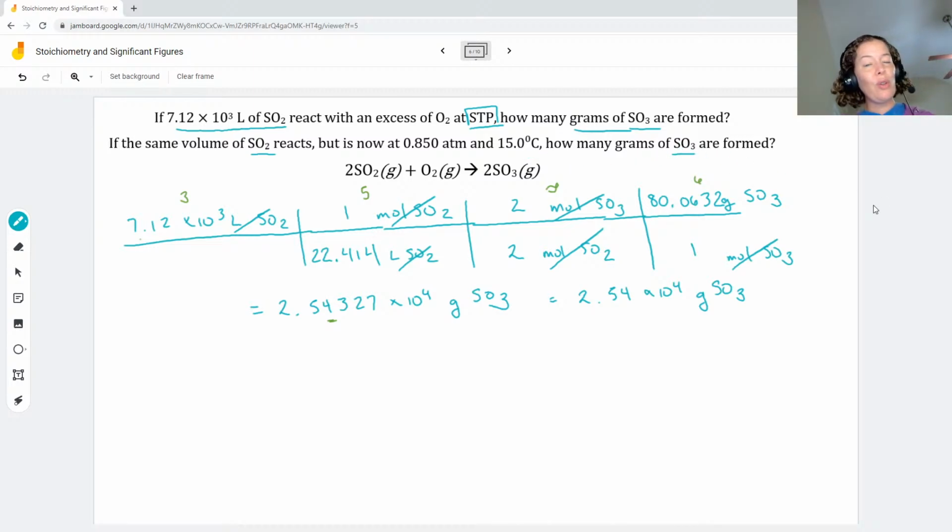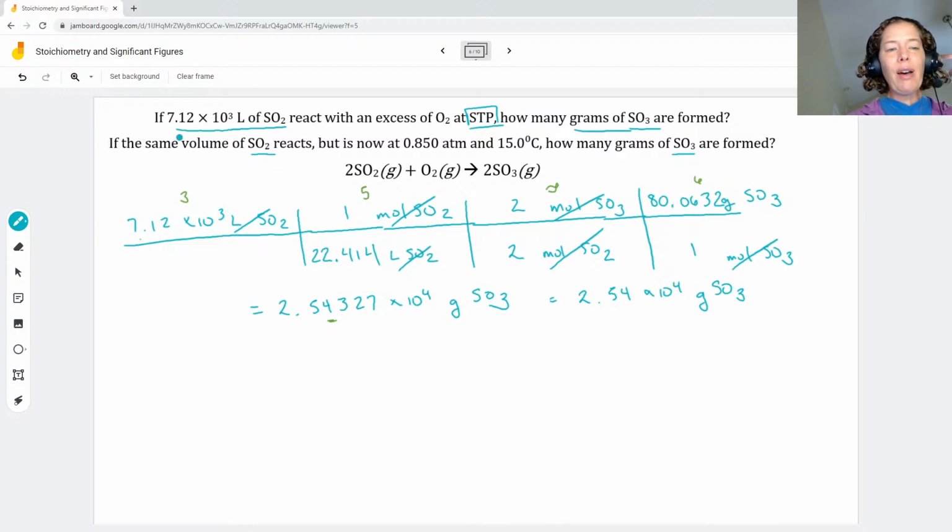Again, it's still stoichiometry because I am given information, granted a lot of information, about sulfur dioxide, but then I'm asked information about sulfur trioxide. So I'm still looking for that moles because I know I'm going to have to go to that mole ratio. All right, so let's think about all this information that we're given for sulfur dioxide because we've got to get to moles.